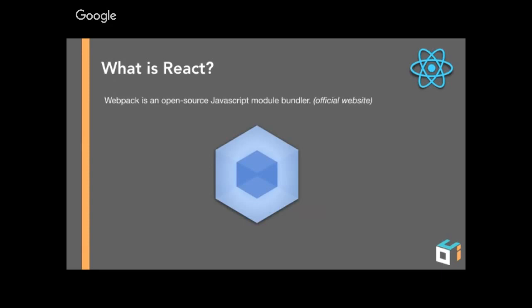Webpack, I found, is almost ubiquitous among React projects. We don't have to use it, and we're going to see how we can do without it. But it's very popular. It doesn't just handle React and JavaScript. It handles all sorts of file types. You can run almost any sort of static asset through Webpack, and it's a very powerful tool. And we'll see how it's used in a moment.